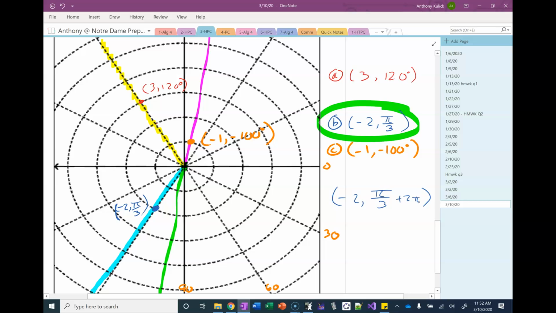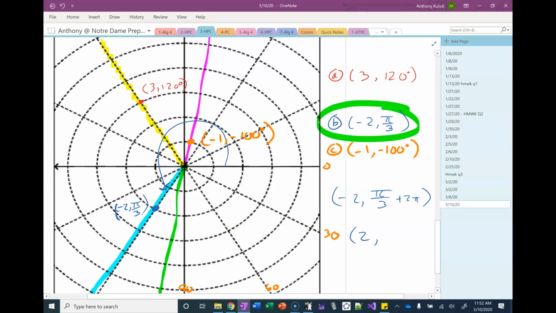There's another way to do this. What if I had a positive 2? Not a negative pi over 3. But what I want is, instead, I need like this angle, right?